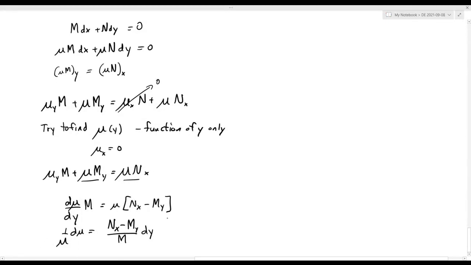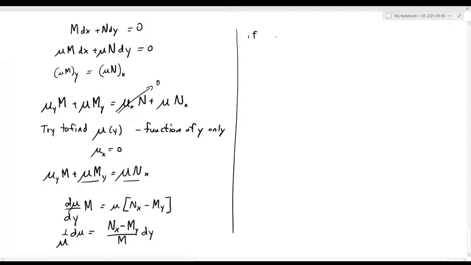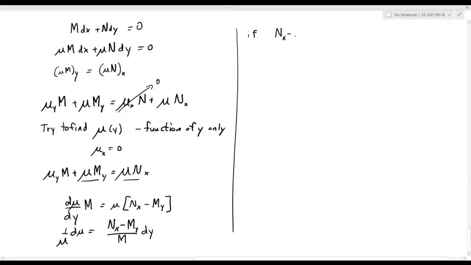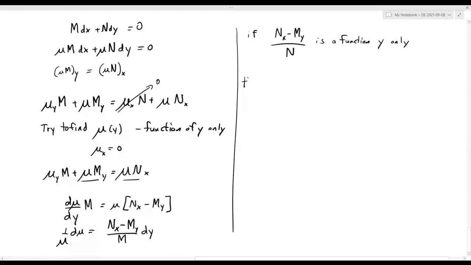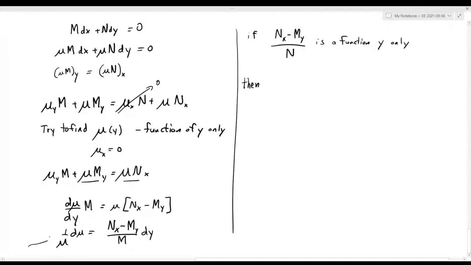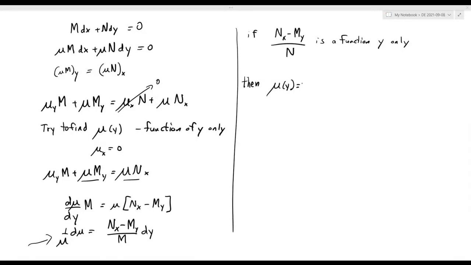So if that's true, the right-hand side should also be a function of just y. If this expression is a function of y only, then we can solve this differential equation for mu, and we get that our integrating factor is a function of y given by this formula.